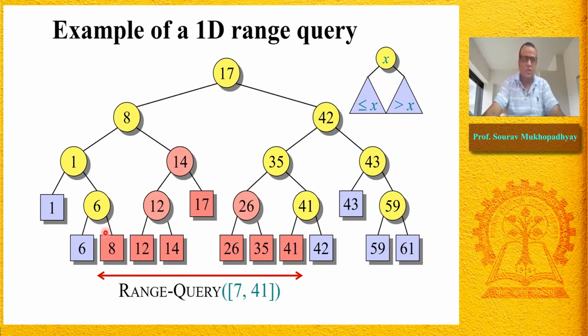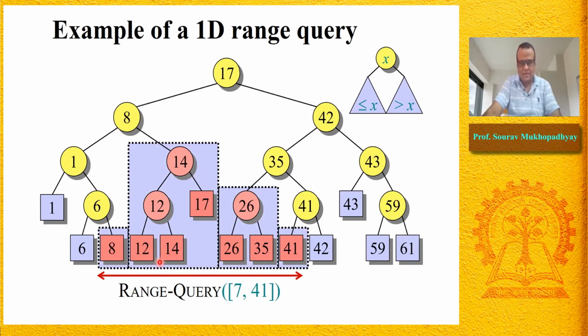So all the elements between these two will be our output. That means this 8 and all the leaves, basically 12, 14, 17, and this is 26, 37, and this is 41.